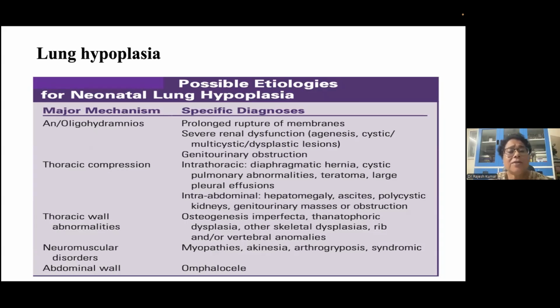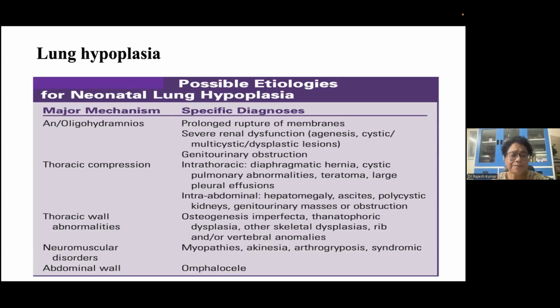It can also be associated with conditions like renal dysfunction, like renal agenesis or multicystic dysplastic kidneys or genitourinary obstruction. It can be associated with thoracic compression, like in diaphragmatic hernia or cystic pulmonary abnormalities, teratoma, large pleural effusions, or certain intra-abdominal conditions like severe hepatomegaly, ascites, polycystic kidneys.